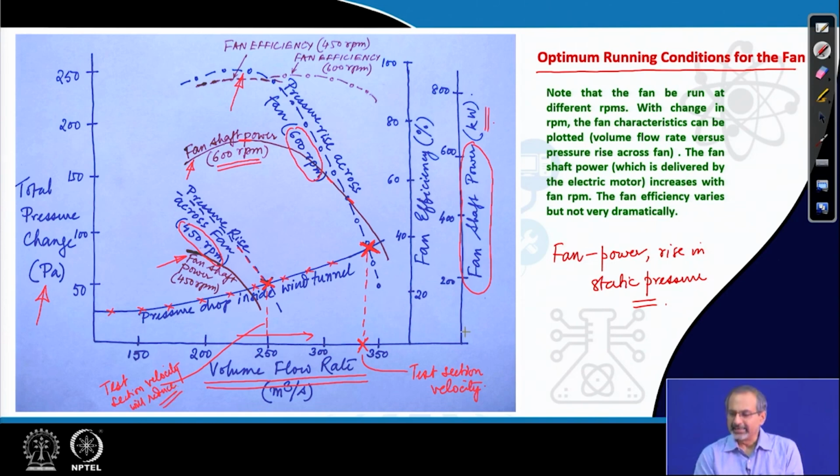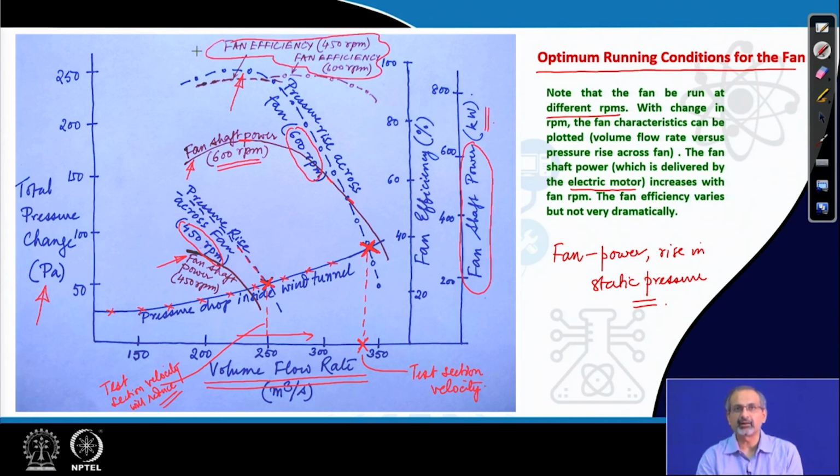So, this is the way we interpret it. We will just look at this write up saying that the fan can run at different rpms, and with change in rpm, the fan characteristics can be plotted. So, you have the volume flow rate versus pressure rise across the fan. The fan shaft power, which is delivered by the electric motor, increases with fan rpm, which is quite intuitive, and additionally we have the fan efficiency plotted here at different rpms.